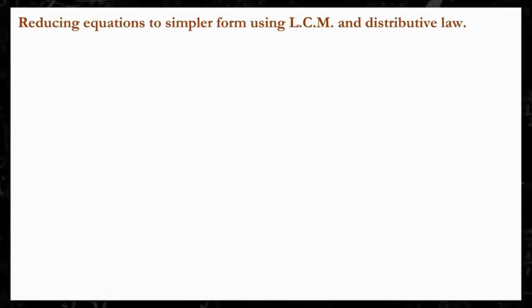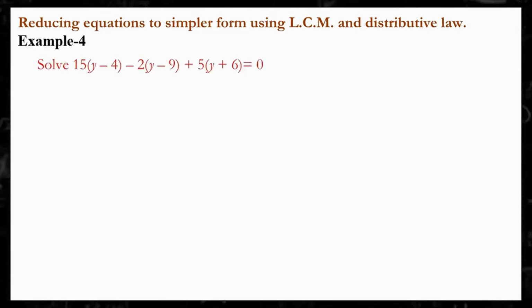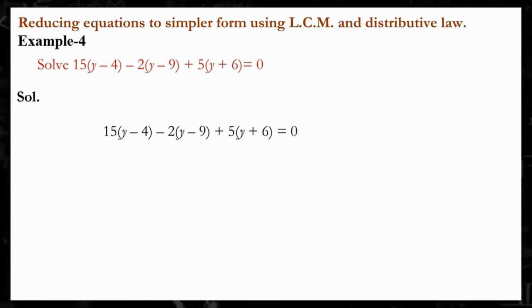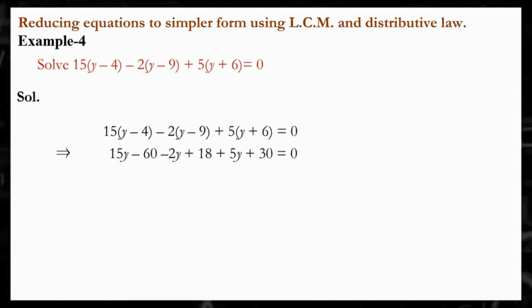Reducing equations to simpler form using LCM and distributive law. Example 4. Solve 15(y minus 4) minus 2(y minus 9) plus 5(y plus 6) is equal to 0. Solution: 15(y minus 4) minus 2(y minus 9) plus 5(y plus 6) is equal to 0.